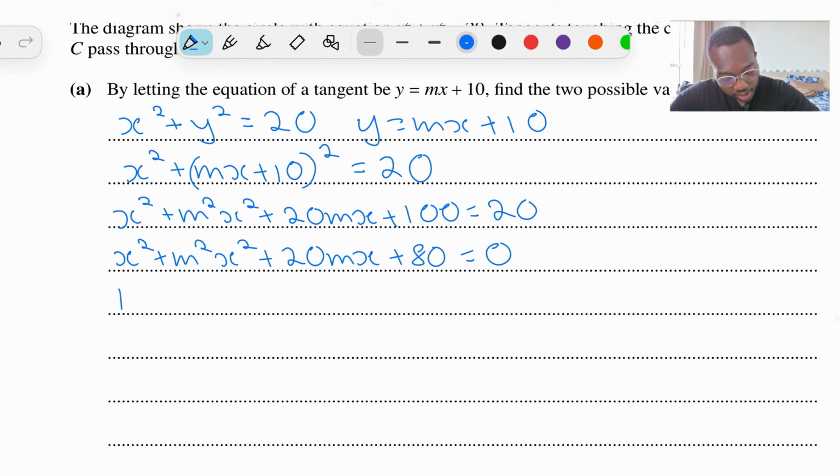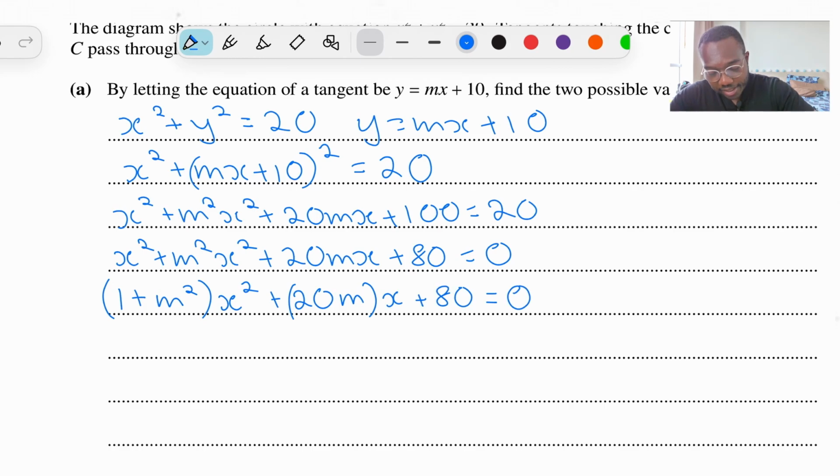So in this case, we'd have 1 plus m squared, and then I'll put my x squared on this side, so now it resembles a quadratic, plus 20m, and then again I'm going to put my x on the outside, okay, plus 80, and that is equal to 0.